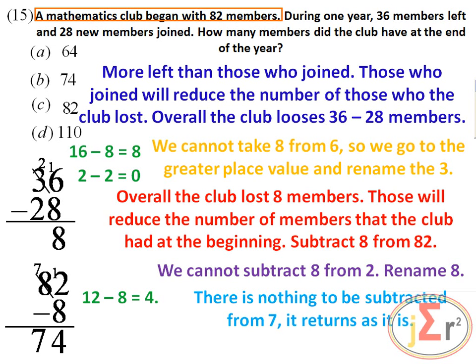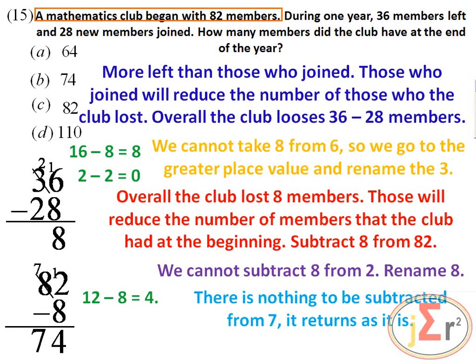So that's another approach that we could have taken to the problem. We realized that more left the club than those who joined. So if we subtract those who joined from those who left, we will have the effective number of members who left. And that effective number of members who left, we can take it from the 82, which is the total number at the beginning.